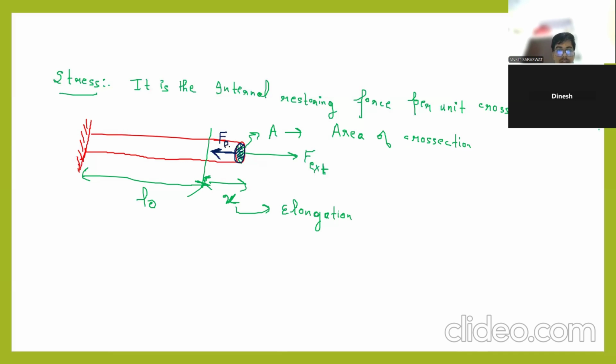Under static equilibrium, there is no further extension. This is known as static equilibrium. At static equilibrium, FR is equal to F external.